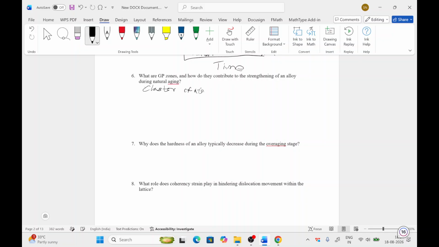Clusters of atoms on particular planes are called GP zones.